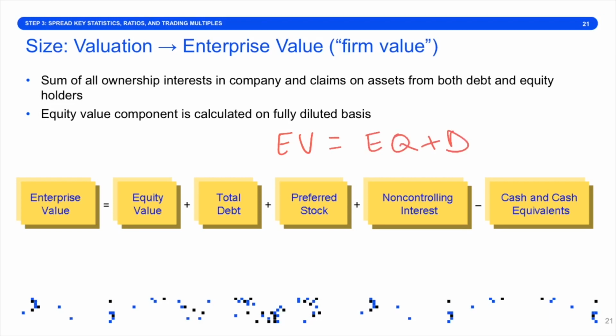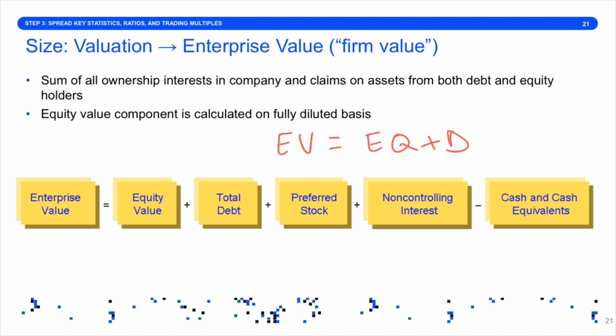If you remember this, you're good. Now, we need to do some refinement. First of all, a company like Apple, does Apple really have debt? I'm sure that Apple has debt, but Apple also has 230 billion of cash.